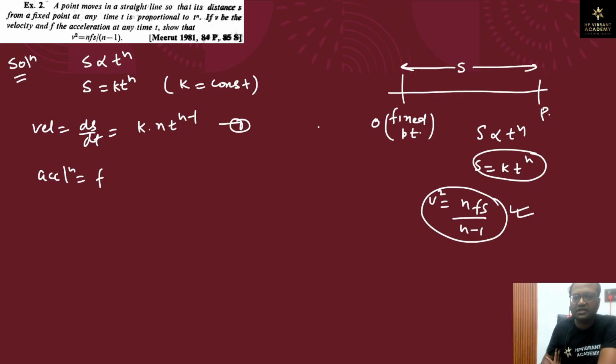So we have v as the velocity and f as the acceleration at this point P. So acceleration f is equal to d2s upon dt square. So this is equal to, differentiating equation 1 with respect to time, k into n into n minus 1 t to the power n minus 2. This is our acceleration.